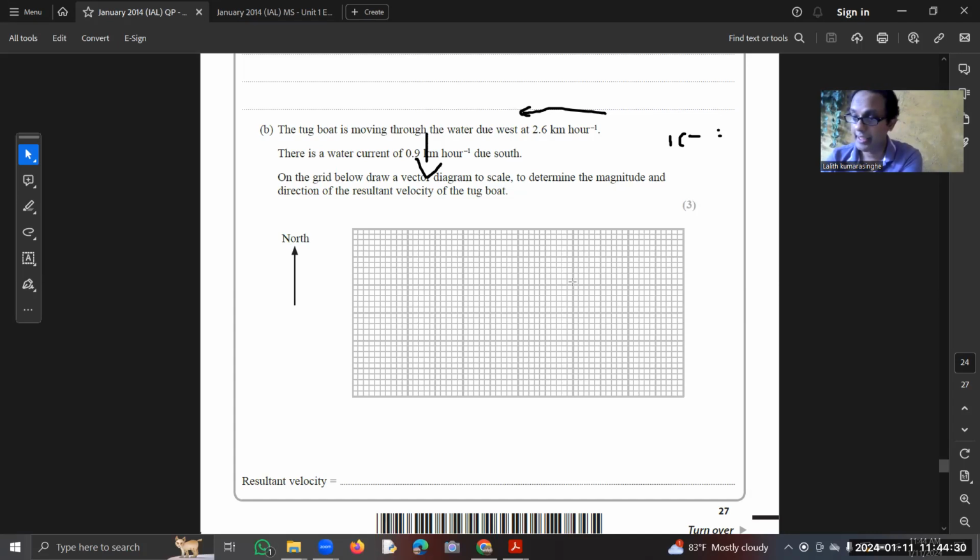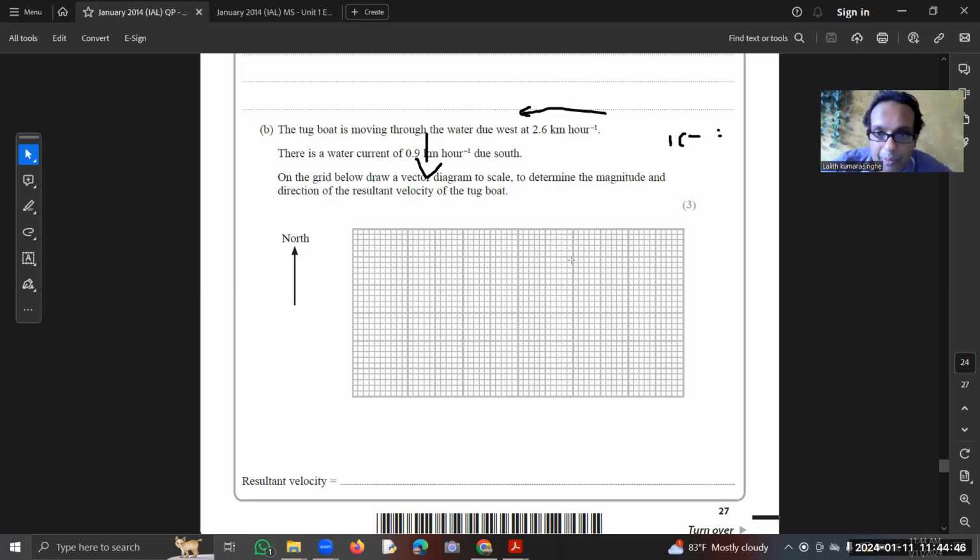No? So the larger the scale diagram, the lower your percentage error. Therefore, we'll double it and go. 2.6 when you double it by 2 is 5.2.